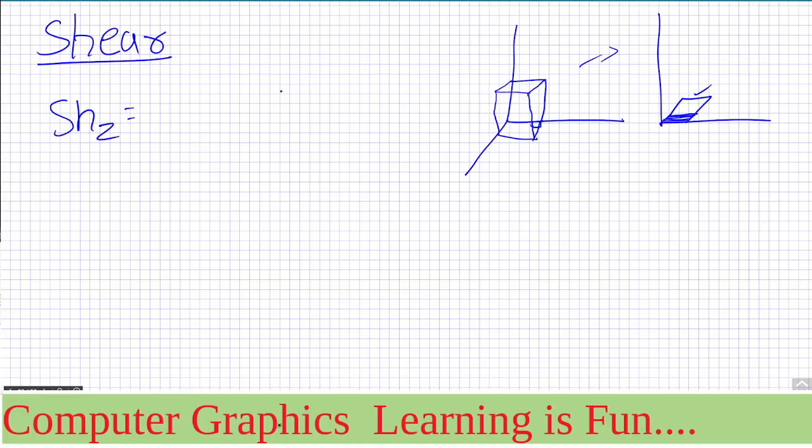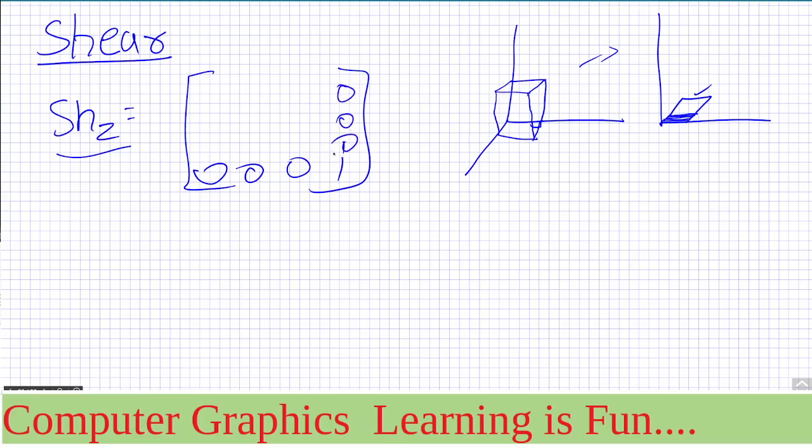Suppose you want to perform z-axis shear, right? So I am writing SHZ. In that case, what will happen? This is the homogeneous coordinate 0, 0, 1. Okay, and then the diagonal and z-axis.